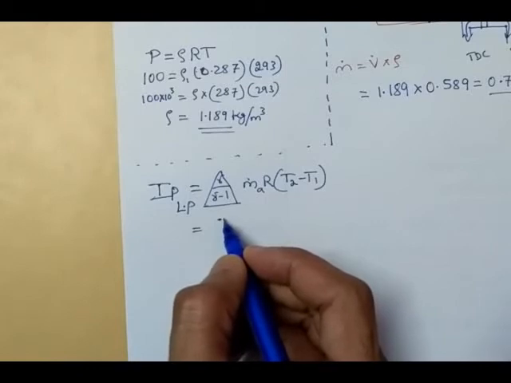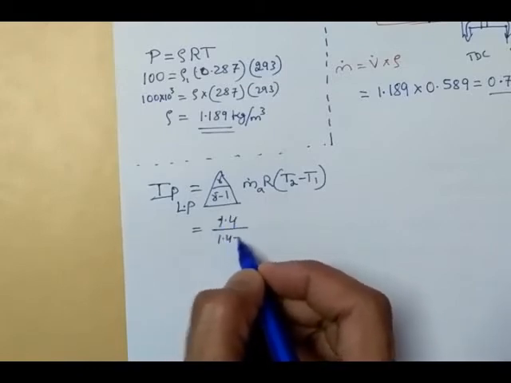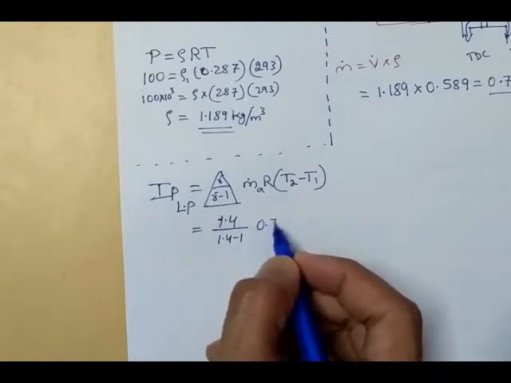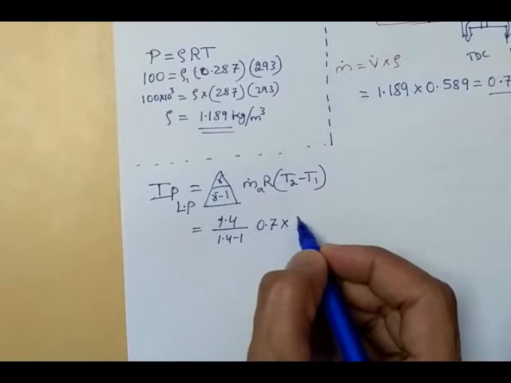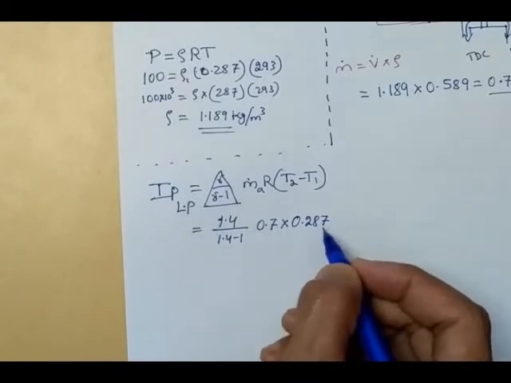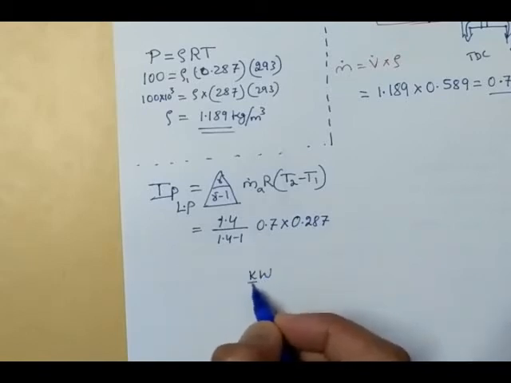So here I will write gamma by gamma minus 1 that is equal to, what is the value, gamma 1.4 by 1.4 minus 1 into m dot is 0.7, R we will substitute as 0.287 because we will get answer in terms of kilowatt.